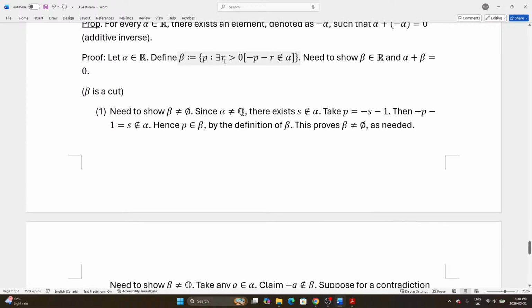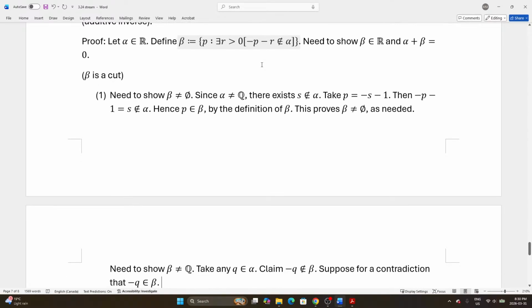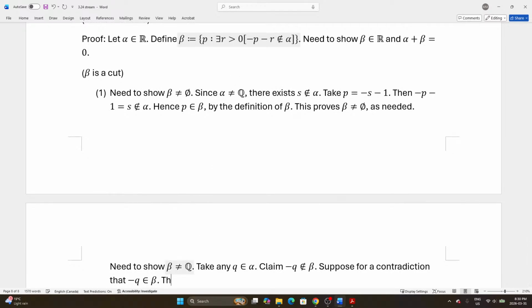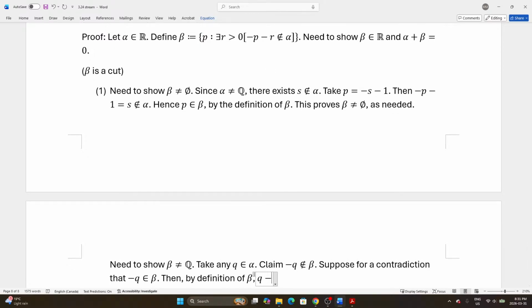Just follow the definition: there exists positive R such that, by definition of beta, the minus of minus Q, namely positive Q, minus R is not in alpha. And that's a contradiction.